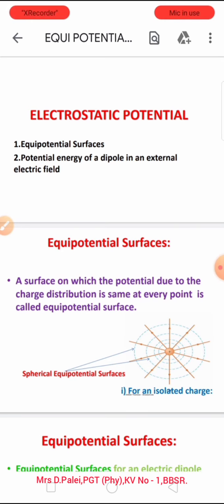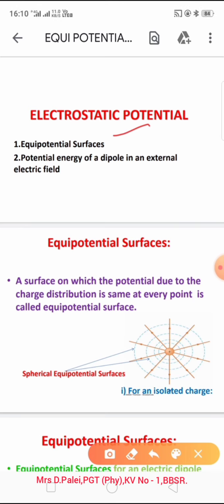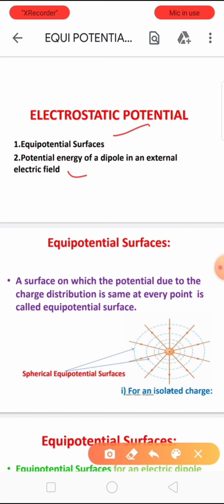In this video, we will discuss equipotential surface and potential energy of an electric dipole placed in an external electric field. The first topic is equipotential surface.